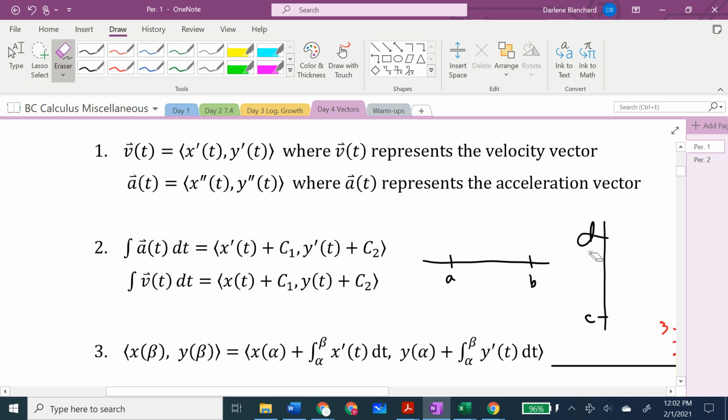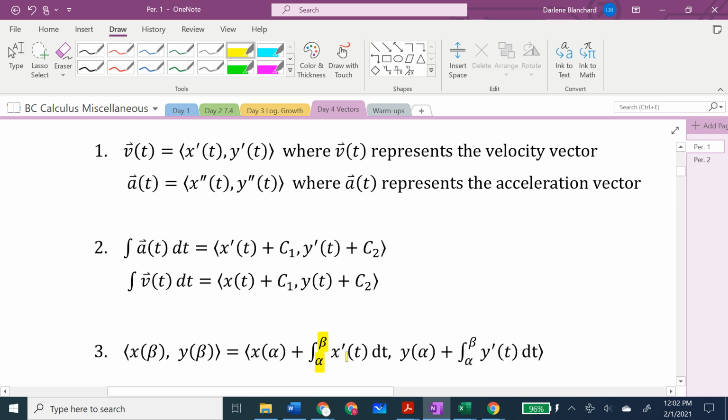And this is just, again, an explanation written twice of something you already know. I'm using alpha and beta, however, to emphasize that we are not dealing with the x's A to B or even the y's C to D. So typically in calculus, if it's horizontal and we want to write the limits, we typically use the letters A and B for general formulas.